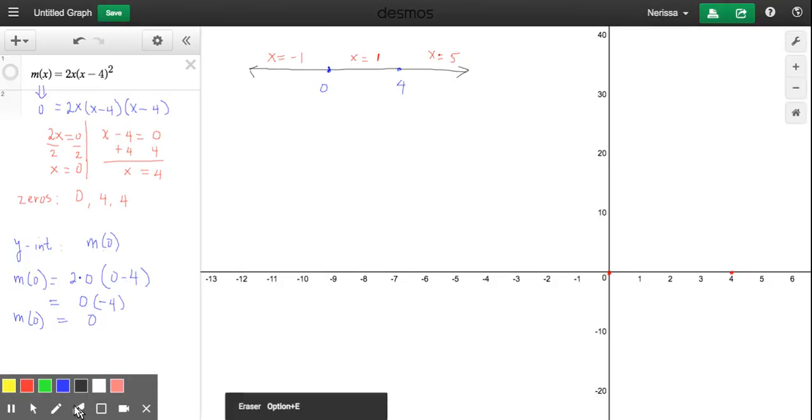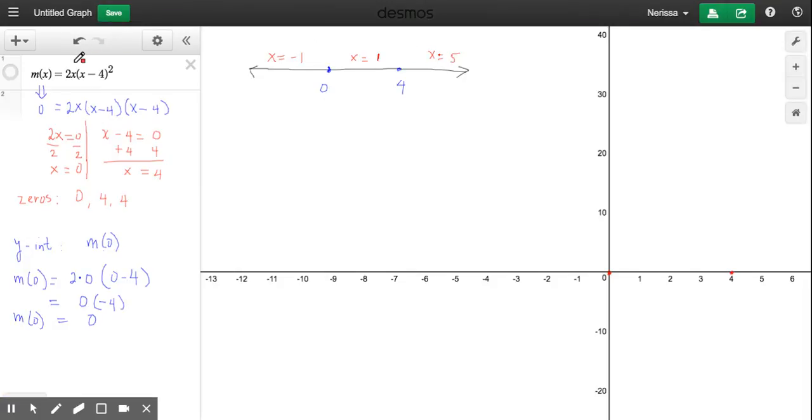So now we are going to plug in these numbers into x and determine the sign of m of x. So here we'll have 2 times negative 1, and that's going to give us a negative number, multiplied by negative 1 minus 4 is negative.